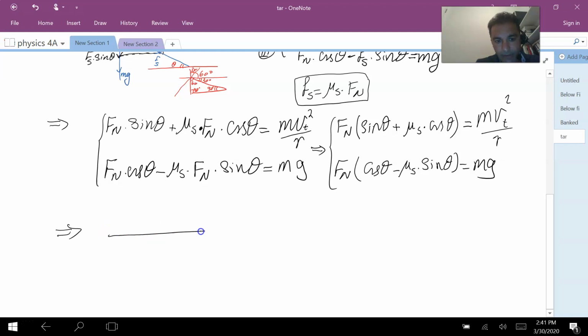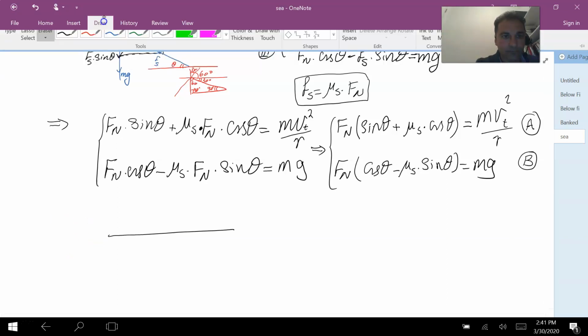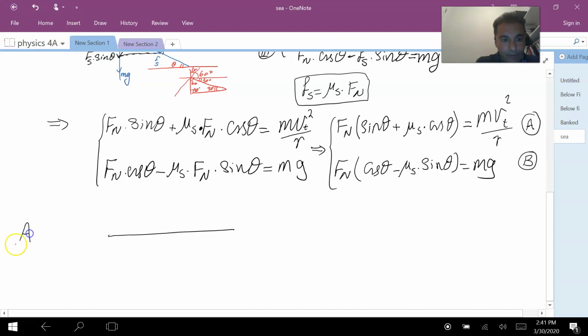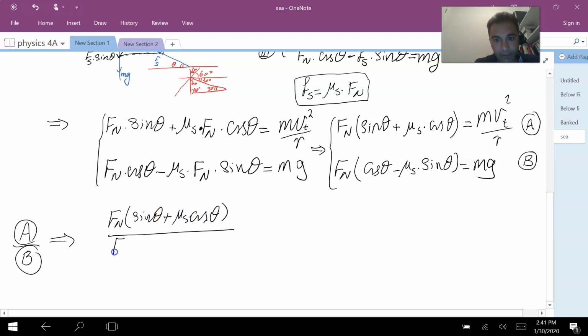So this is equation A, for example. This is equation B. Now I'm going to do A divided by B. I'm going to get Fn times sine theta plus mu s cosine theta divided by Fn times cosine theta minus mu s sine theta equal mv square divided by r divided by mg.